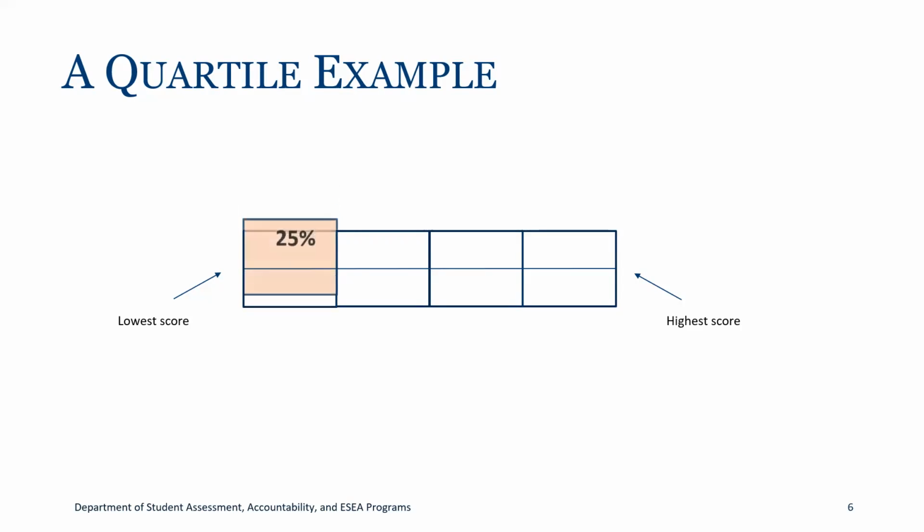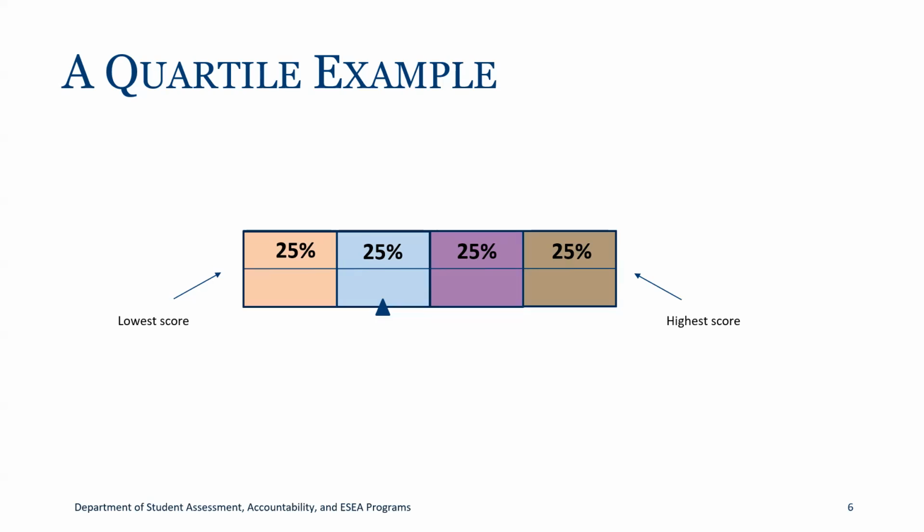There is the lowest score range, the lowest 25%, a middle score range, which is 50% of the scores, and the highest score range, which is the highest scores, the top 25% across the state on this test. And your child scored in one of these 4 quartile ranges.